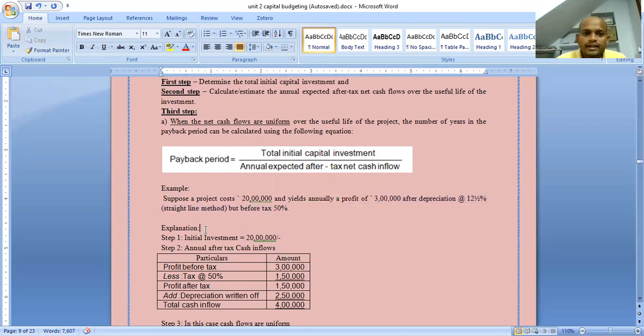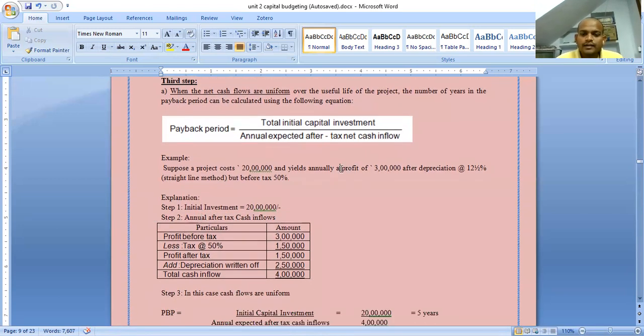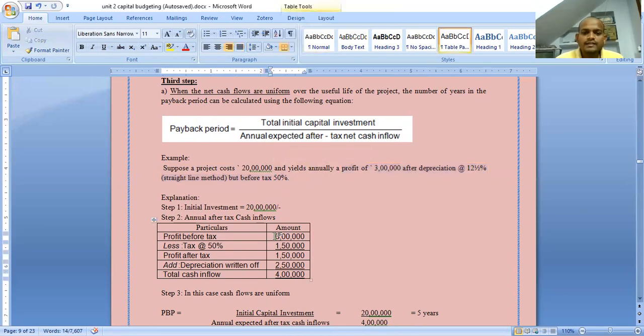Explanation: first step, we have to calculate the total initial capital investment, that is 20 lakhs, with no add-ons like working capital or installation charges. In the second step, we have to calculate the annual after tax cash inflows. Here it is already mentioned, profit after depreciation but before tax, that is 3 lakhs.